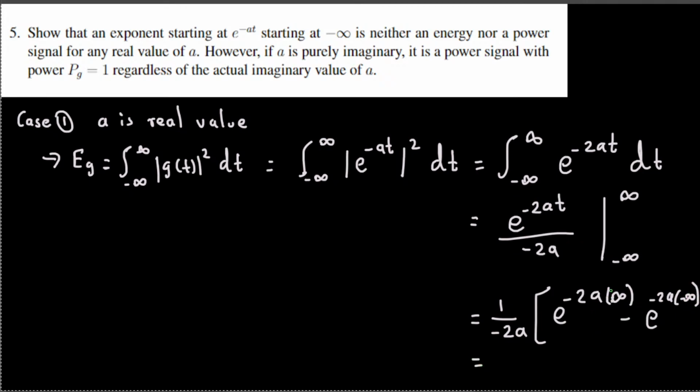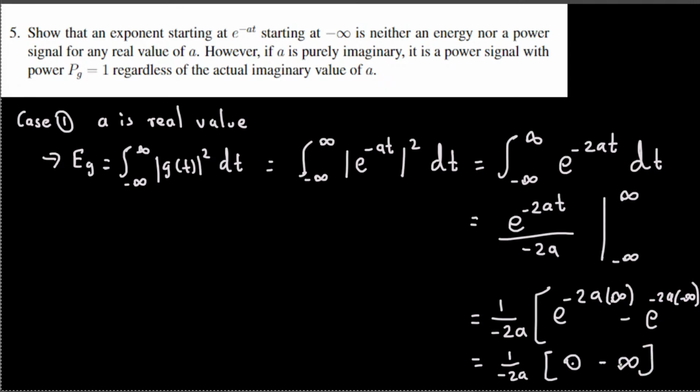The first term becomes 0, since e^(-infinity) is 0. Then minus e^(-2a times negative infinity), which becomes e^(infinity), which is infinity.